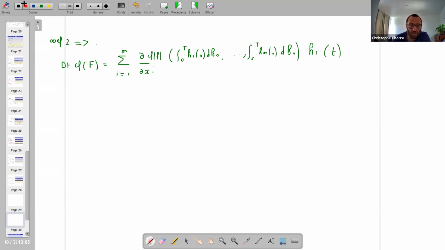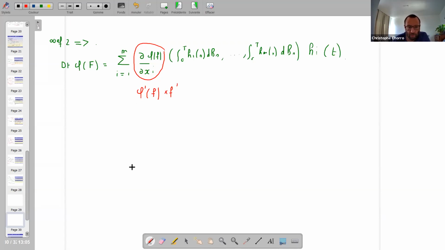But from classical analysis, I know what this one is. This one is just phi prime of f multiplied by f prime.